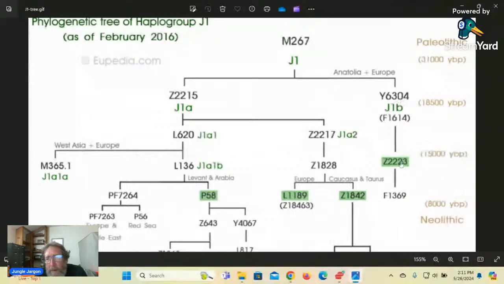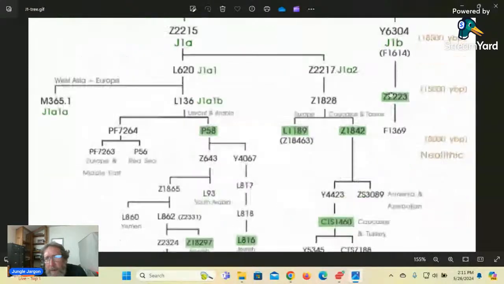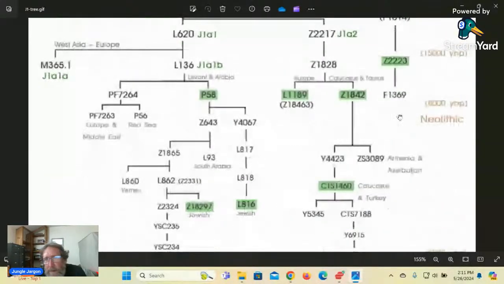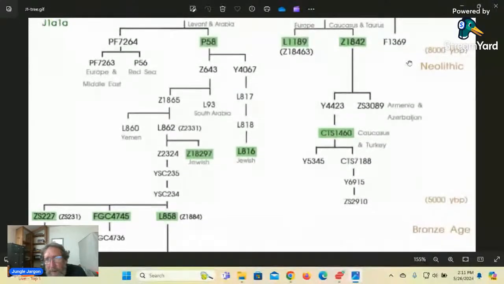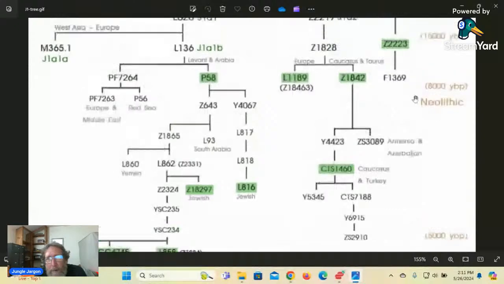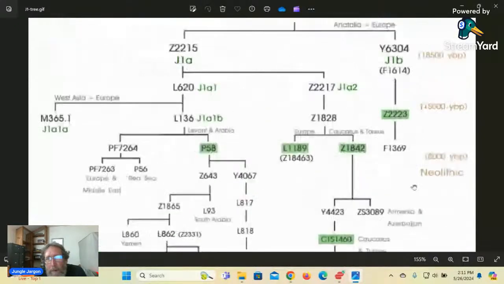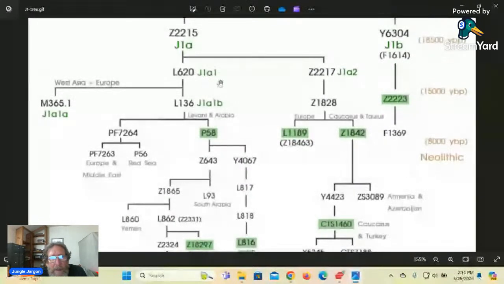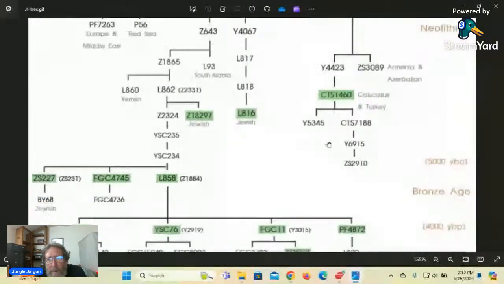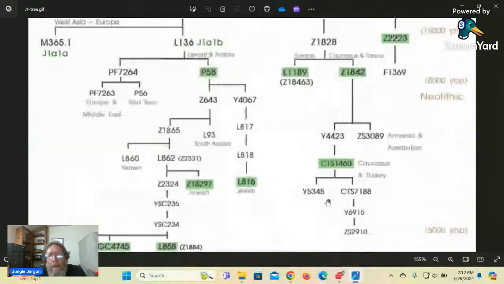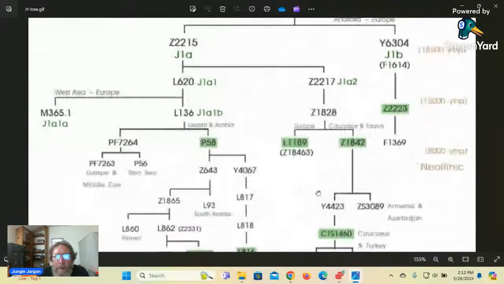Anatolia, Europe, doesn't say. But anyways, probably more study is needed to find out the Arabic lineages because probably there's more of them. But we have the J1A 1 and the J1A 2. Now this is Europe, Caucasus, Turkey. Nothing Judaic, at least not according to this information.